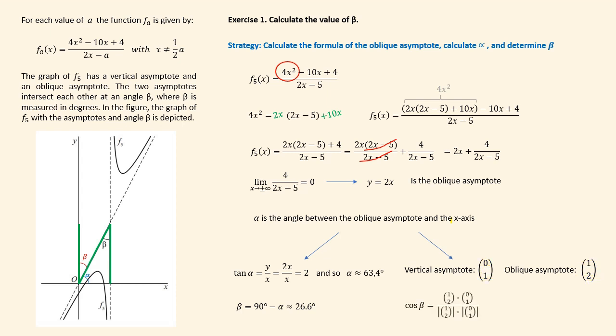Then the cosine of beta is defined as the inner product of both asymptotes divided by their absolute values, which is 2 over the square root of 5. And then beta would be the arc cosine of 2 over square root of 5, which is 26.6 degrees.